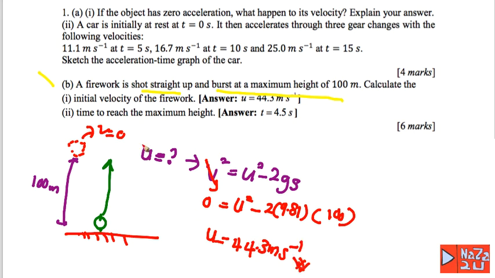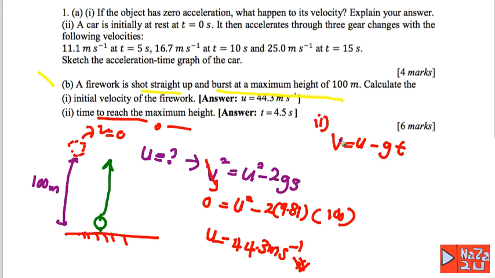The next question is the time to reach the maximum height. To find the time taken, you can use the equation v equals u minus gt.